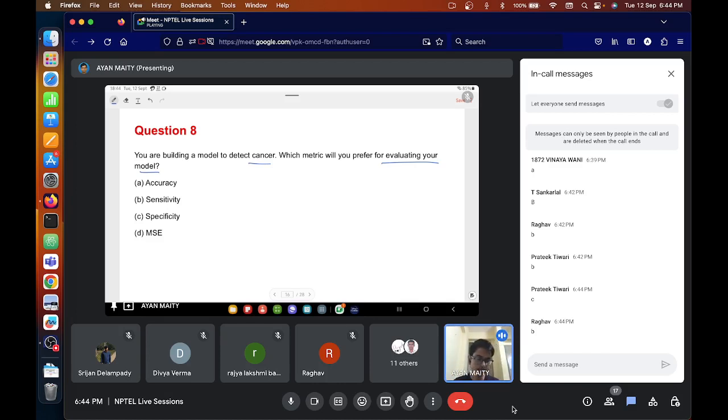Pratik is saying option C, Raghav is saying option B. So option B is sensitivity, option C is specificity.